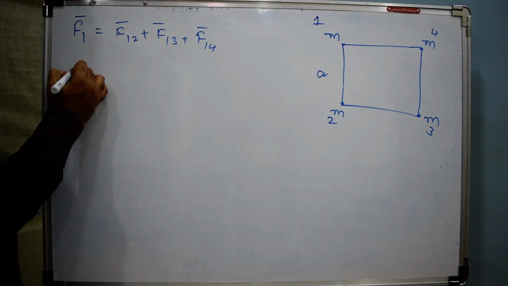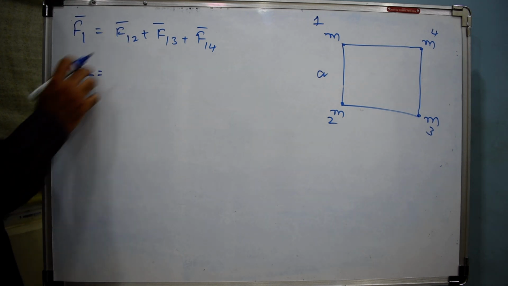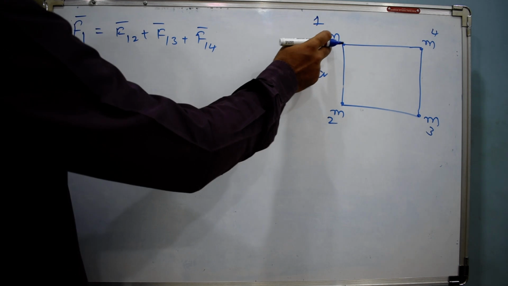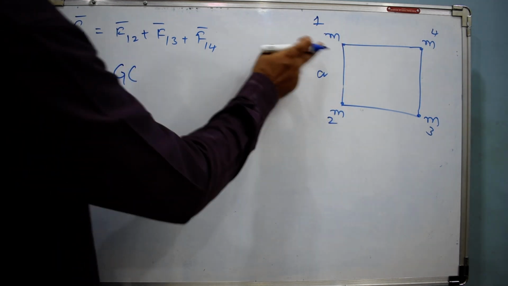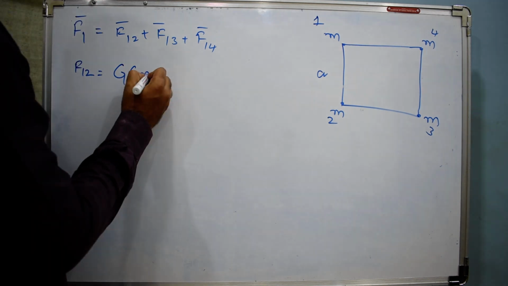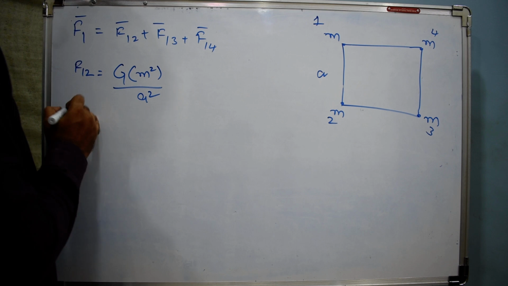The magnitude F12 indicates the magnitude of the force acting on 1 due to 2, which will be equal to G into the product of the masses, m into m, that is m square, by the square of the distance between them.